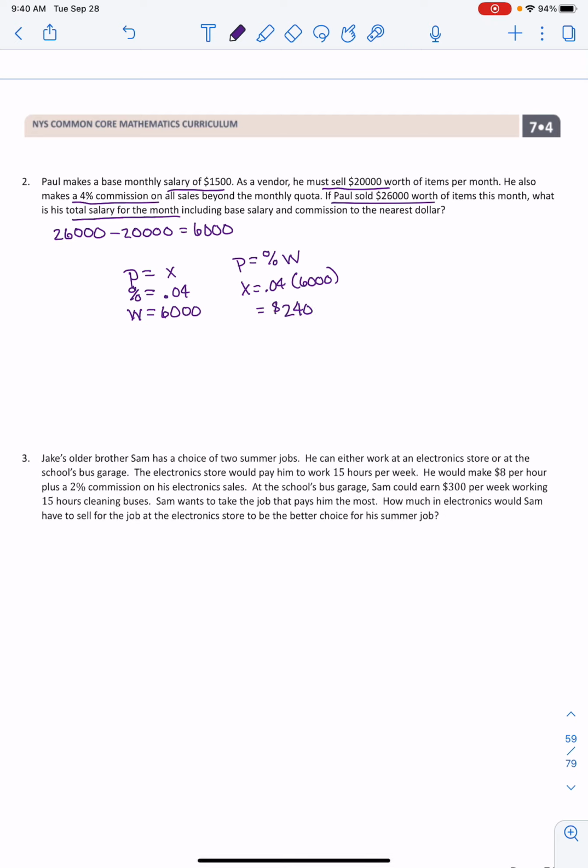And we need to add that to the 1,500 that he makes on his base salary. So his salary is $1,740.